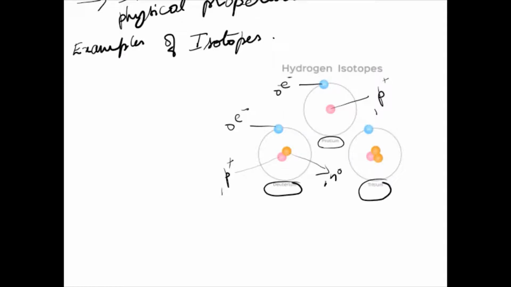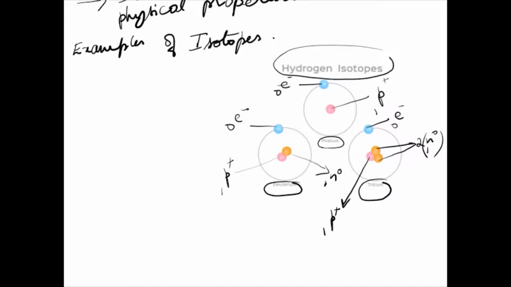Now this is another isotope of hydrogen, tritium, which has one electron, one proton, and it has two neutrons. So see, the isotopes differ in only the number of neutrons. So these are all isotopes of hydrogen.